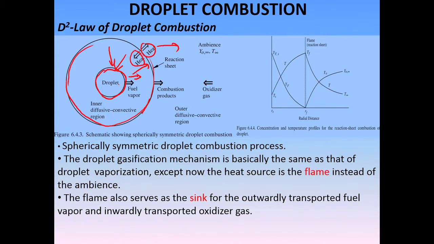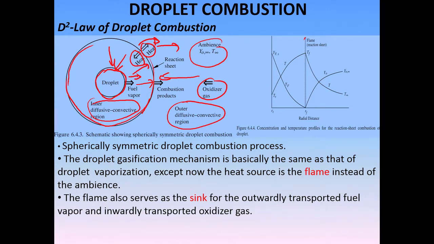But the heat that goes towards the air or oxidizer side is very important, because the air also needs to be brought up in temperature for a reaction to be established. So this is the outer diffusive convective region, this is the inner diffusive convective region, this is the reaction sheet of the flame front, this is the ambience, this is the oxidizer gas which approaches the flame front, and this is the fuel vapor which approaches the flame front from the opposite direction.